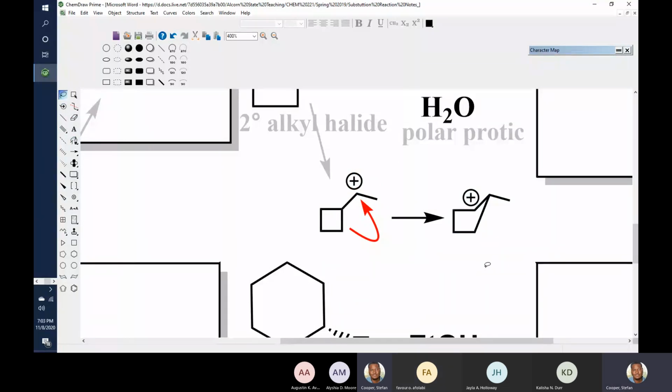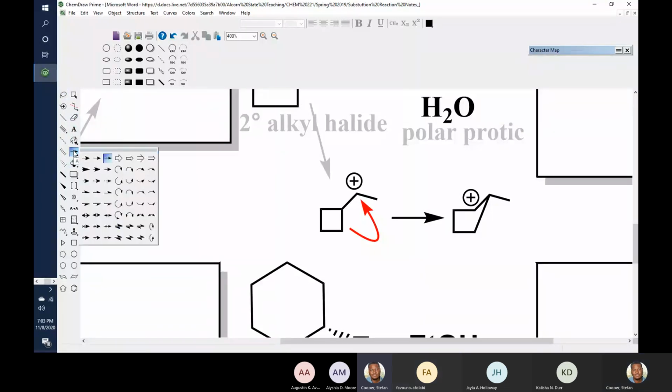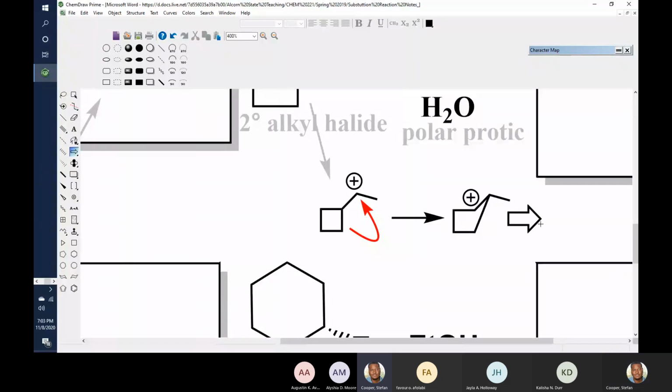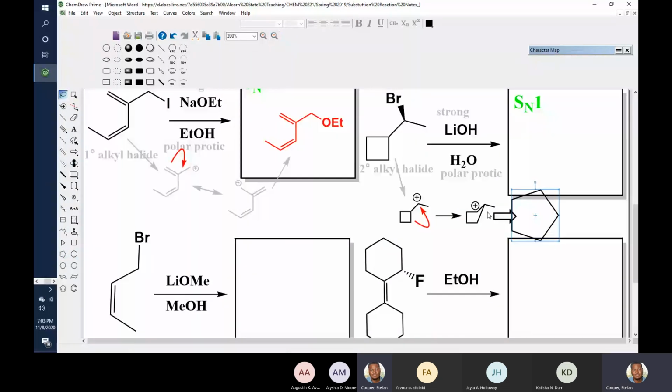And this is going to look like a ring. Get a plus on that carbon. There. Let's see if I can get some numbers here for you guys, to keep track of things.